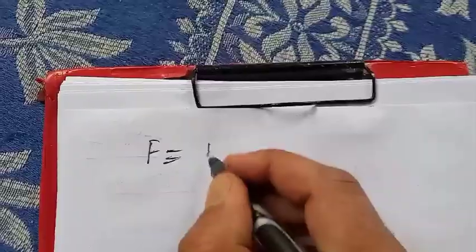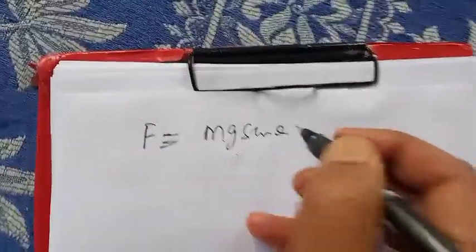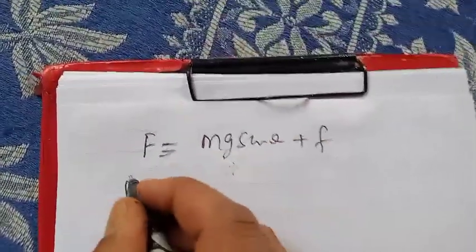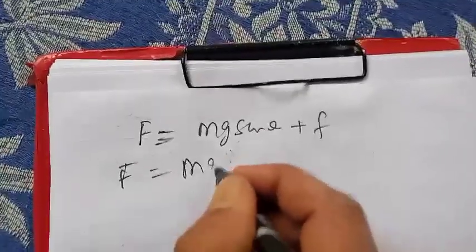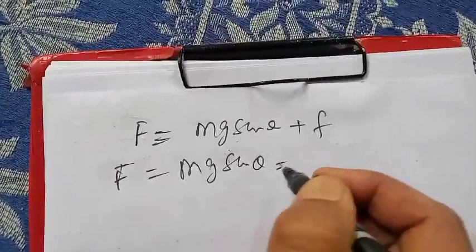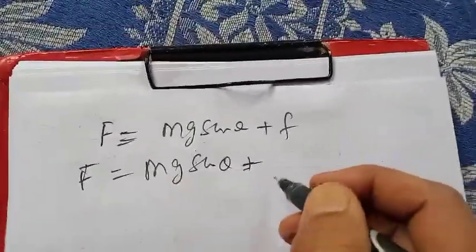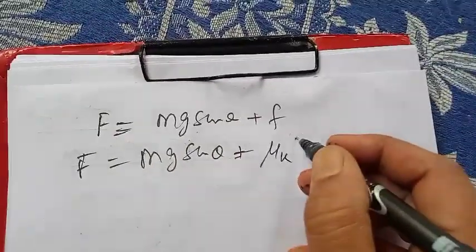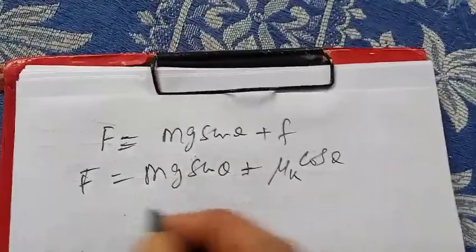Now see, this required force F, in this case, is equal to mg sin theta plus F. F is equal to mg sin theta plus the force of friction, which here is mu k mg cos theta.